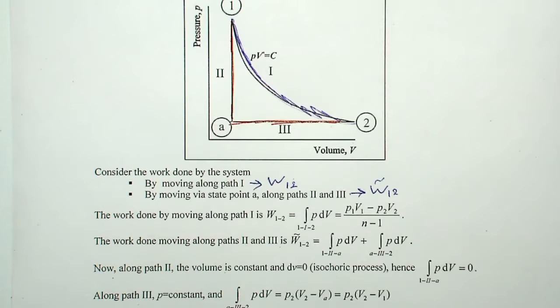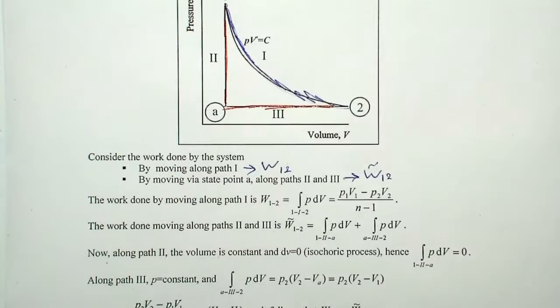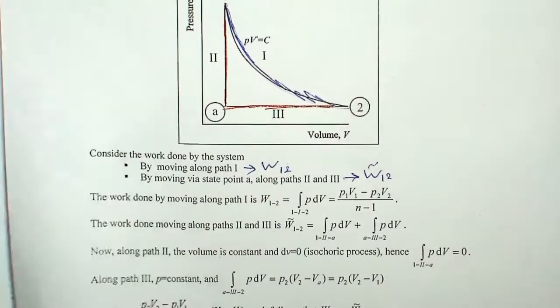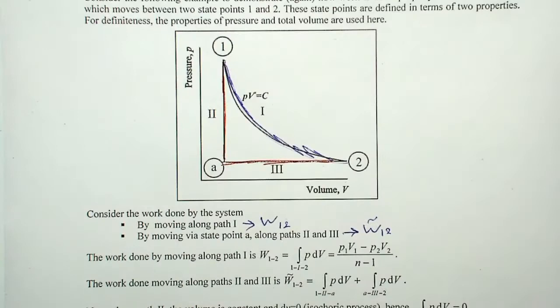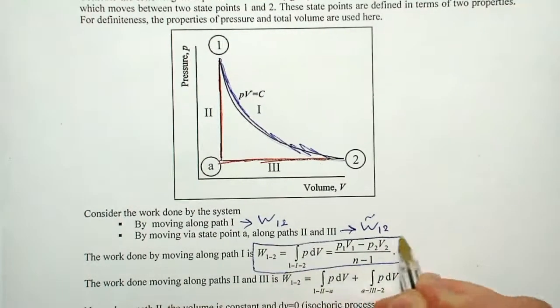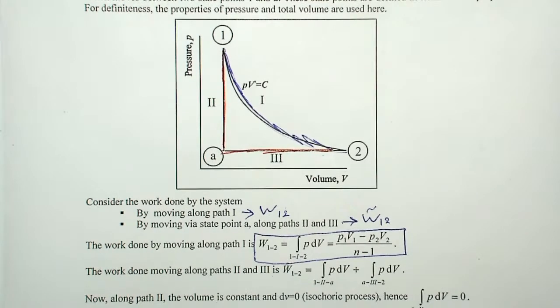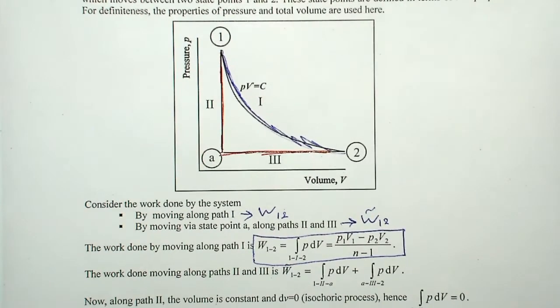And now let's start looking at the equations that we derived and see where we end up. The first one is simple. For the first route, we just derived an equation, which was this one. So W12 is equal to this equation. If I want to follow paths 2 and 3, then of course I will have to look at the equation for work under those two assumptions.